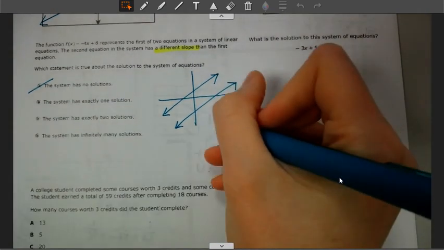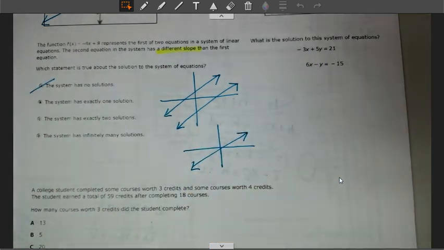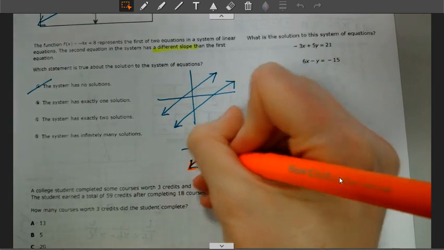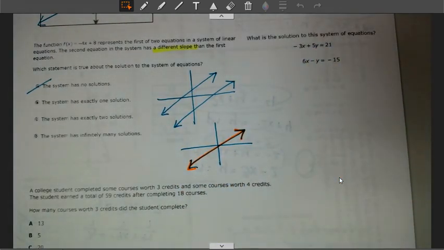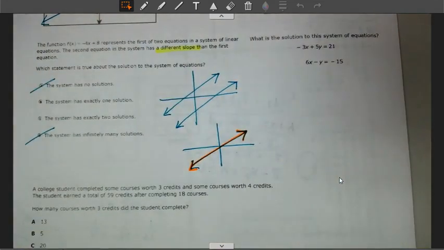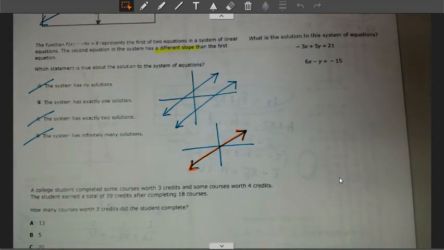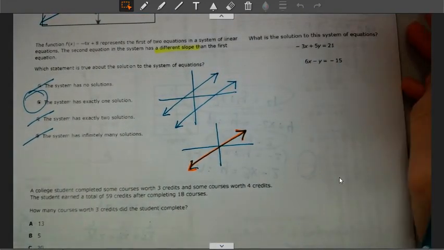To have infinite solutions, the example of the graph would be I'd have a line, and then I basically have the exact same line put on top of that. That's how you have infinite. Well, if it's the exact same line, it also has to have the same slope. We're talking about a different slope. 2 solutions is not even an option. You either have one, none, or all. So B is the right answer here.